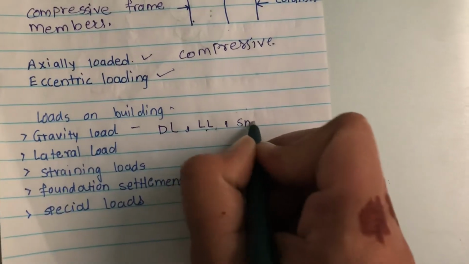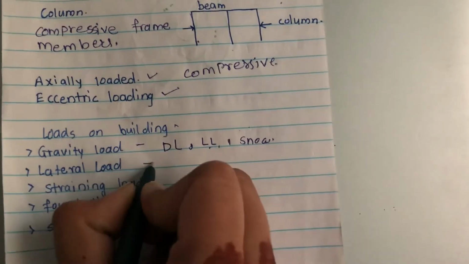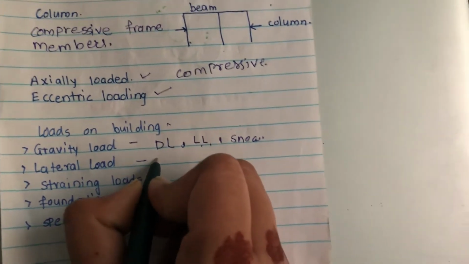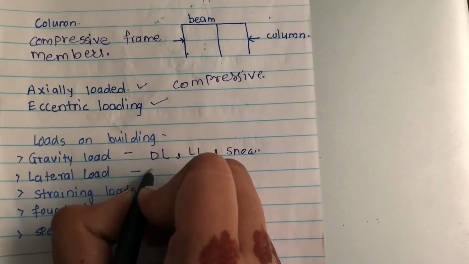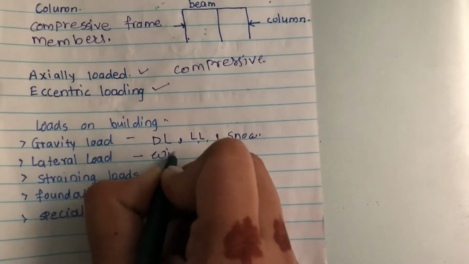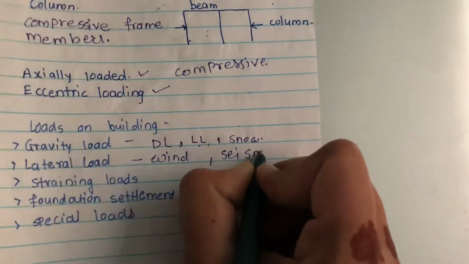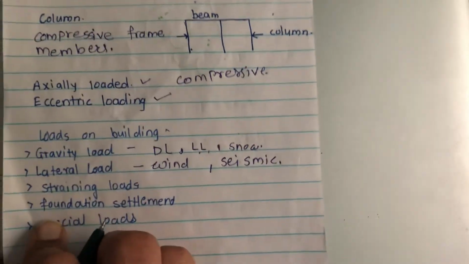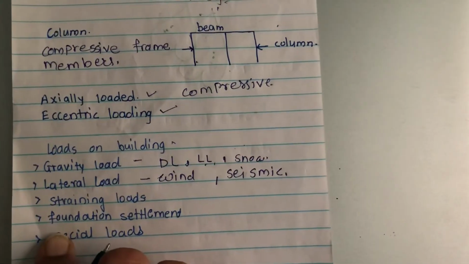The second load is lateral loads. Lateral loads act perpendicular to the structure, in which wind load and seismic load are considered. The third one is straining loads.